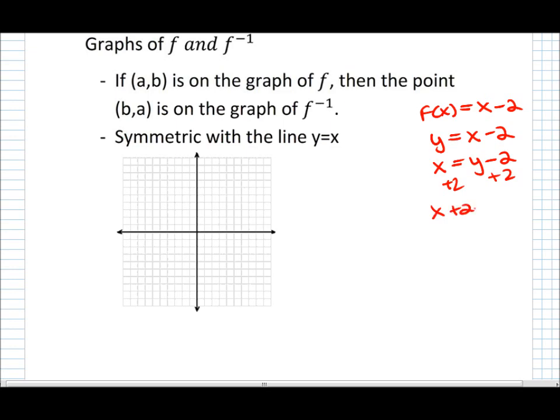And notice we get x plus 2 equals y. So that means the inverse is x plus 2. So here's your function, and here's your inverse.